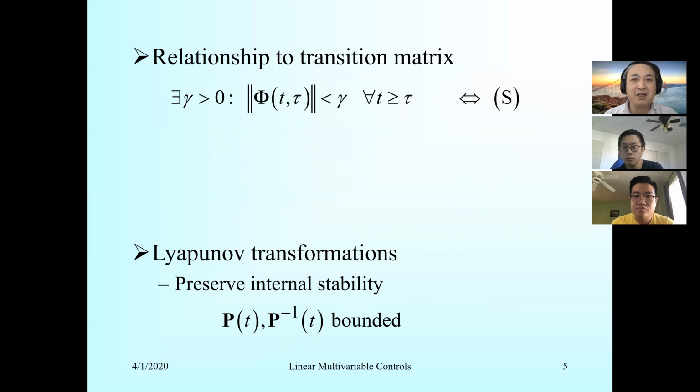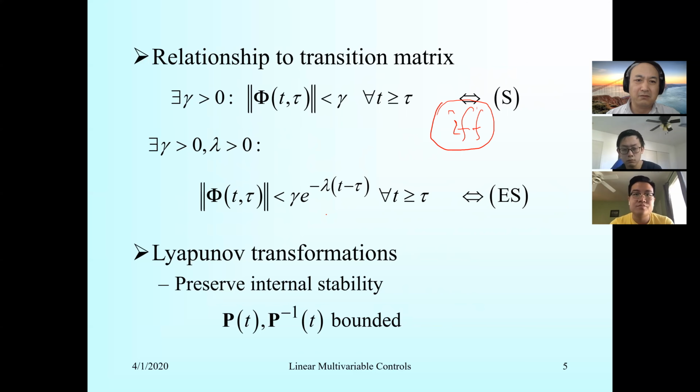So we connect the stability with the state transition matrix. This is the notation of if and only if, IFF.